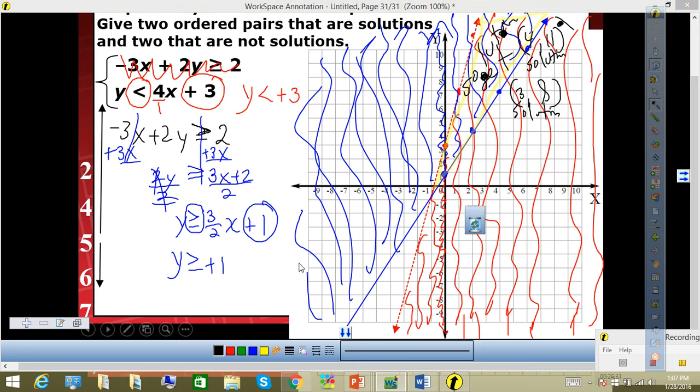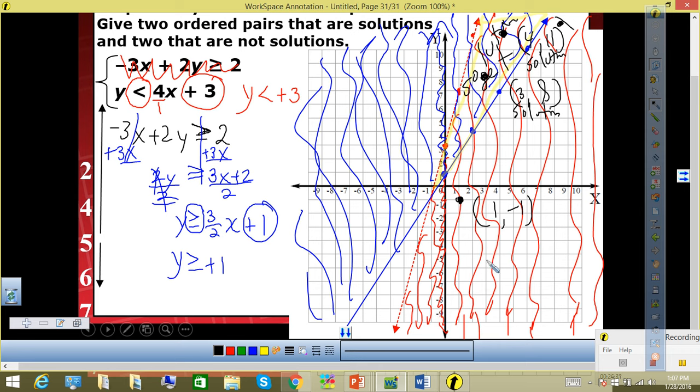So, now that we have two that are solutions, who can give me one that is not a solution? Gianna? 1, -1. Label that one. Plot it. 1, -1. Who can give me another point that is not a solution for either one?